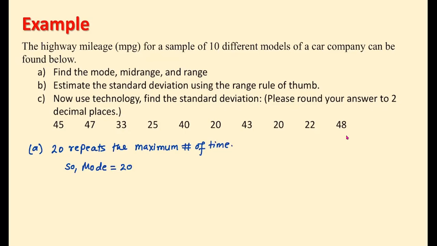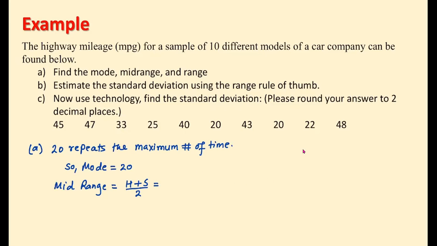Mode is 20. Next, we have to find the mid-range. Mid-range is the average of the highest and the smallest value. So it is the highest value plus the smallest value, divided by 2.